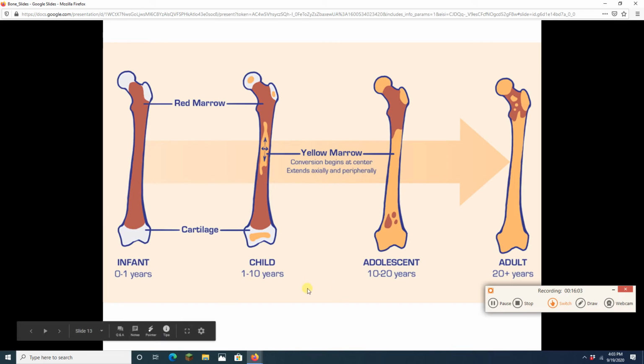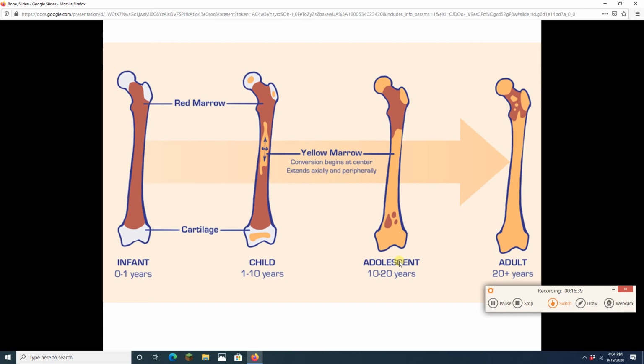When you're in your good single-digit years, maybe like 1 to 10, you have mostly red bone marrow, but you're starting to get some yellow marrow in the middle, getting some yellow marrow at the epiphyses. As you get through that second decade, so 10 to 20, so you're a preteen, then you're a teenager, fun times. We all know the body is changing as a teenager.